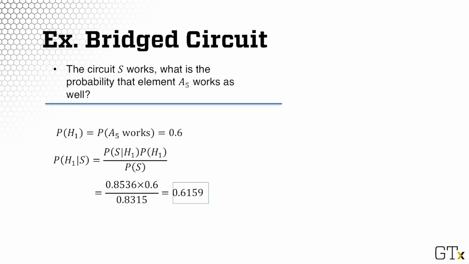Let's continue with the bridge circuit. Remember this bridge circuit in which we used the total probability formula to find the probability that the circuit is working by conditioning on this element A5, and this element working or failing was producing two hypotheses, H1 and H2. The probability of H1, A5 working, was 0.6. Now we are interested in the probability of H1 given the fact that the system, the circuit, is working.